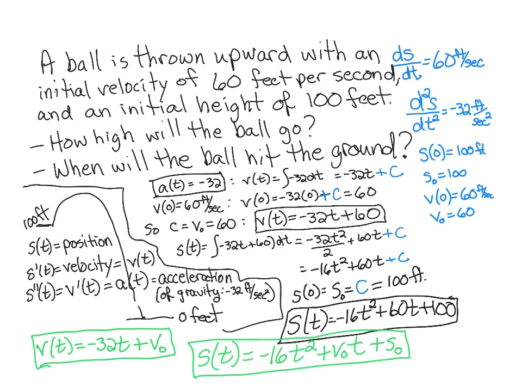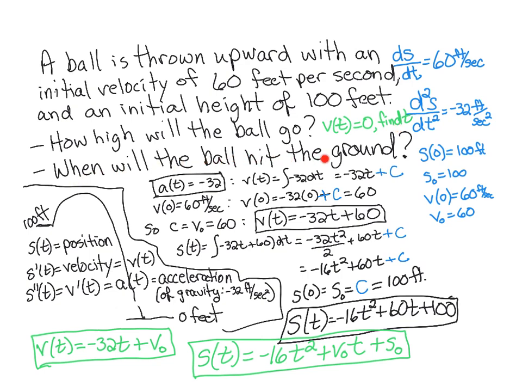So the vertex of the parabola is where the derivative equals 0, right? Or we can see it in terms of the ball stops. So the way to solve that is to set velocity equal to 0 and find t. Once I find the t, then I have to plug that in to my position function to see how high it gets, okay? So you find the time first, then you find the height.